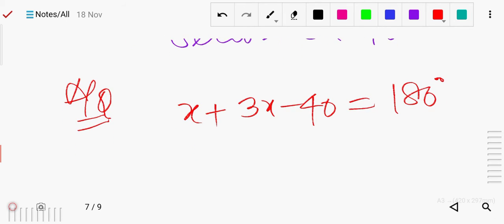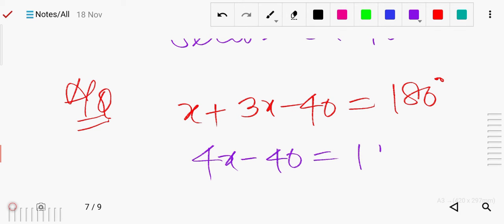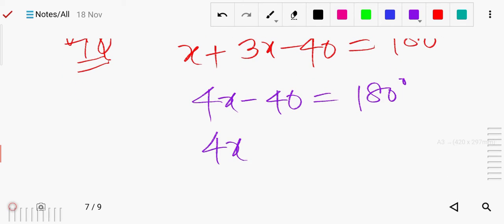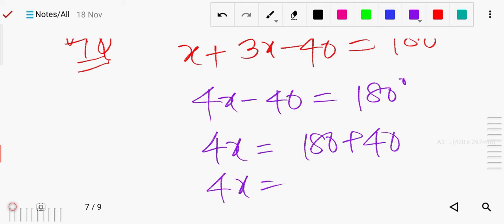Now you can add the same type of variables. So 3x plus x is 4x minus 40 which equals 180 degree. Now 40 will go to the other side, so it will be plus 40. So 4x equals 180 plus 40, which is 220 degree.